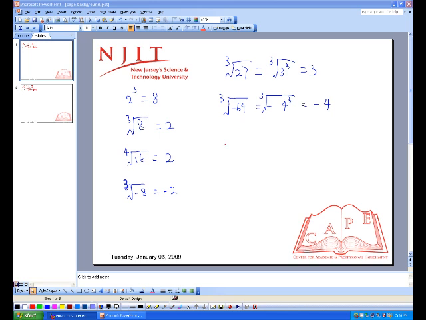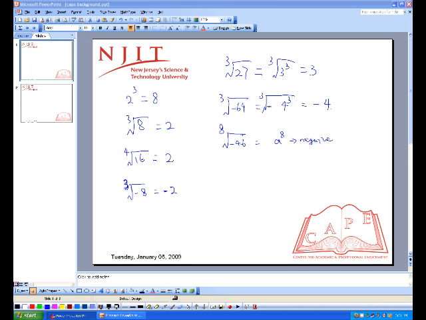Now, one thing you have to pay attention to is that there is no even root of a negative number. For example, in this case, the 8th root of negative 46. If you have an even root, that means you have to find a number, let's call it A, taken to the 8th power that is going to give you a negative number.